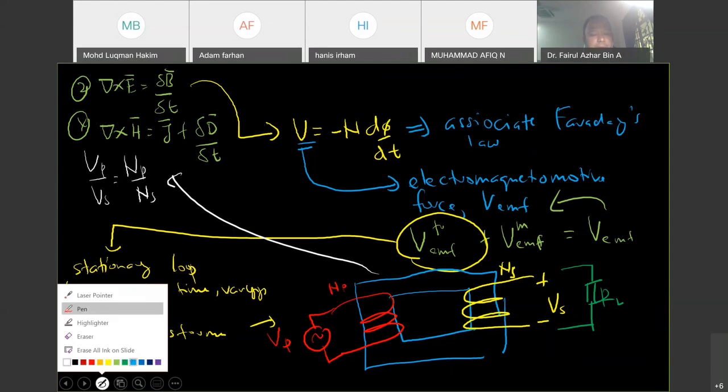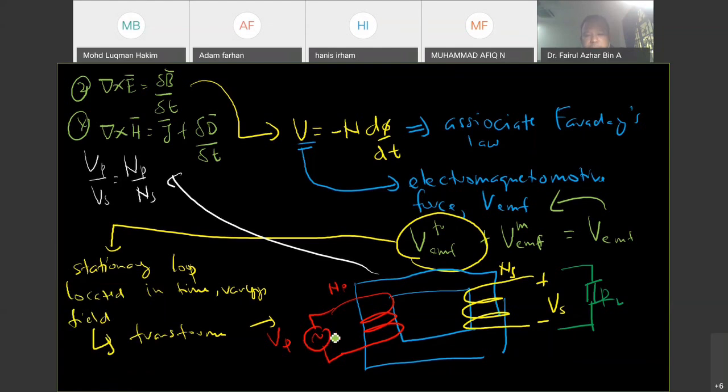So when we have a transformer, definitely we will have a primary voltage, or we can say that we will inject the primary winding with a certain value of voltage source. In order to make this transformer function, we definitely need to inject an AC voltage on the primary side. Let's say we have VP(t) is equal to Vm sine omega t, for example.